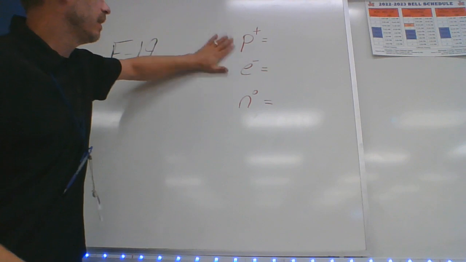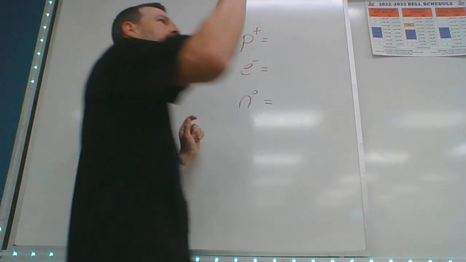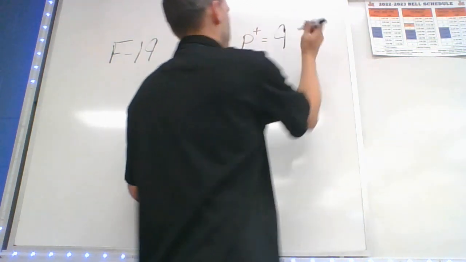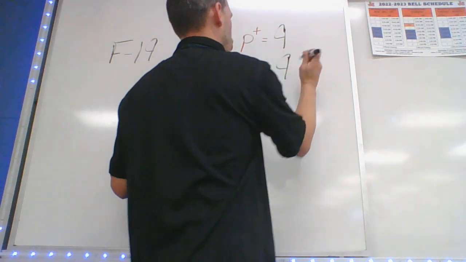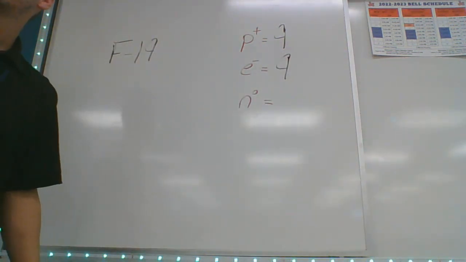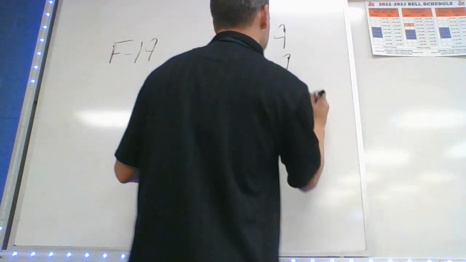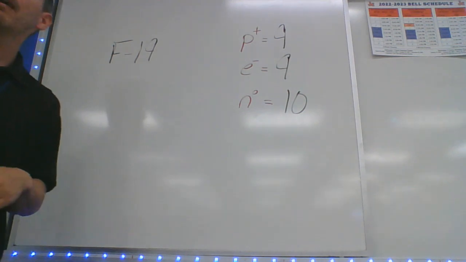All right, well, let's get our count first. I know that fluorine 19 has 9 protons because his atomic number is 9. There's no charge, so he's got 9 electrons also. The neutron count is what? 10, because 19 minus 9 equals 10.